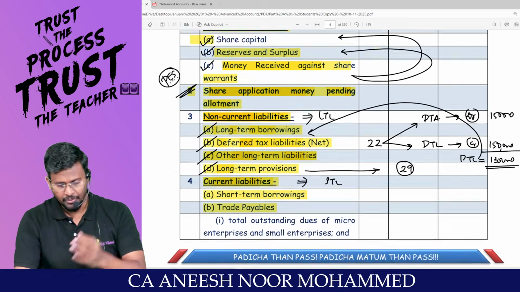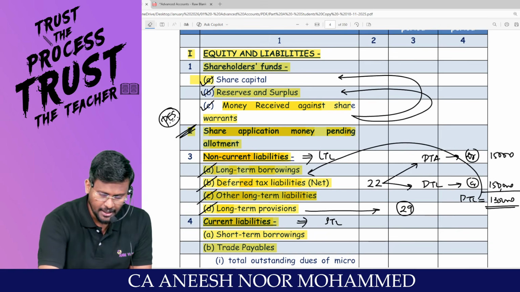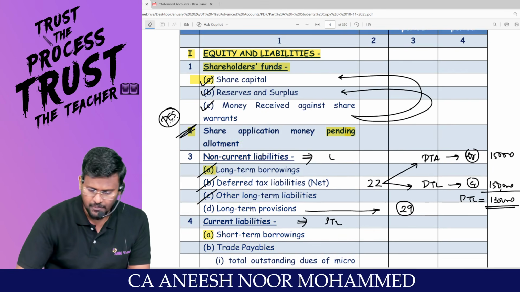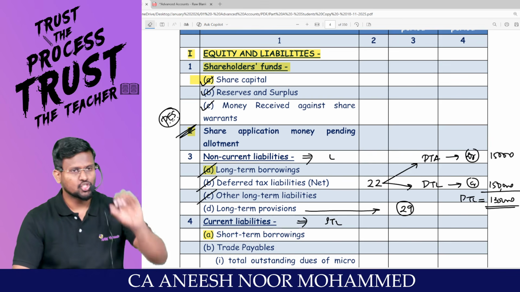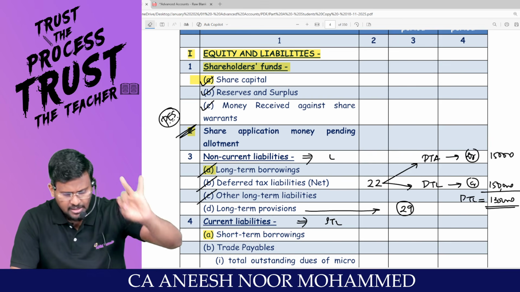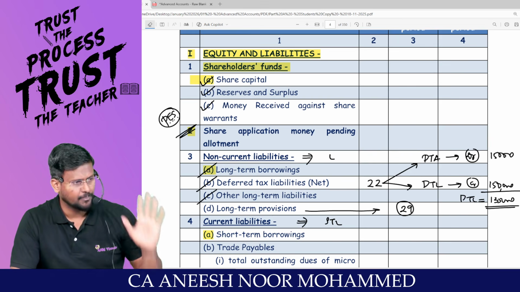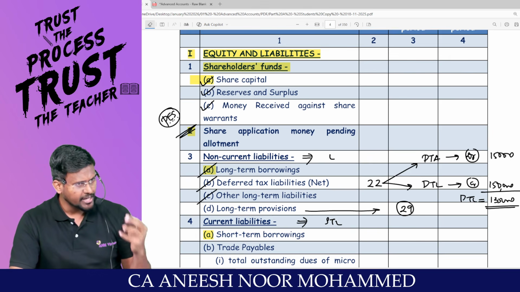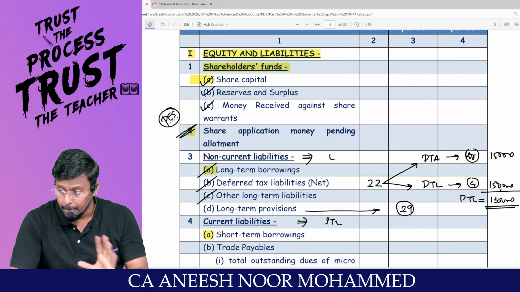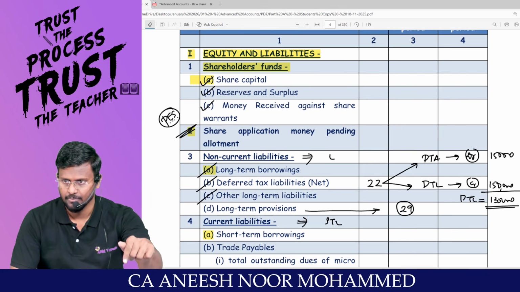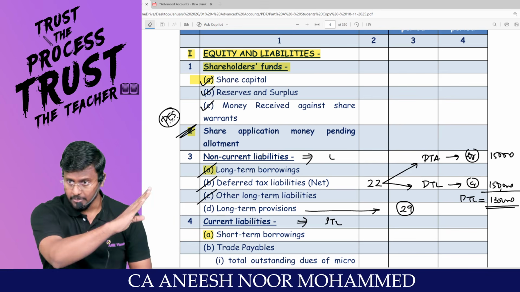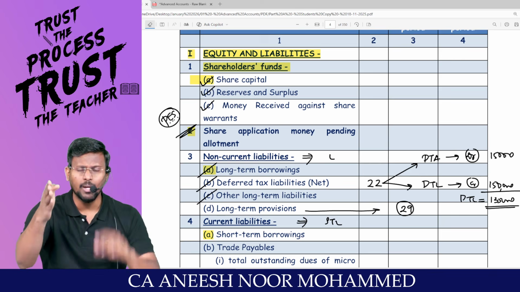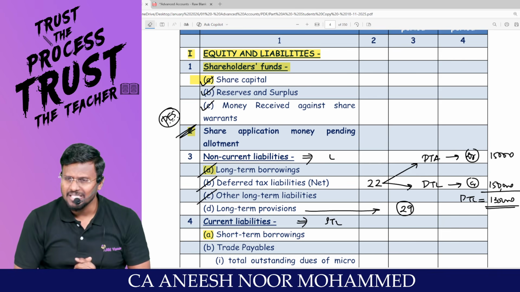Can we picturize? How many main items? 4 main items. Number 1, shareholders funds: share capital, reserves and surplus, money received against share warrants. Number 2, share application money pending allotment. Don't repeat with me, picturize with me. Then 2 columns: non-current liabilities and current liabilities.